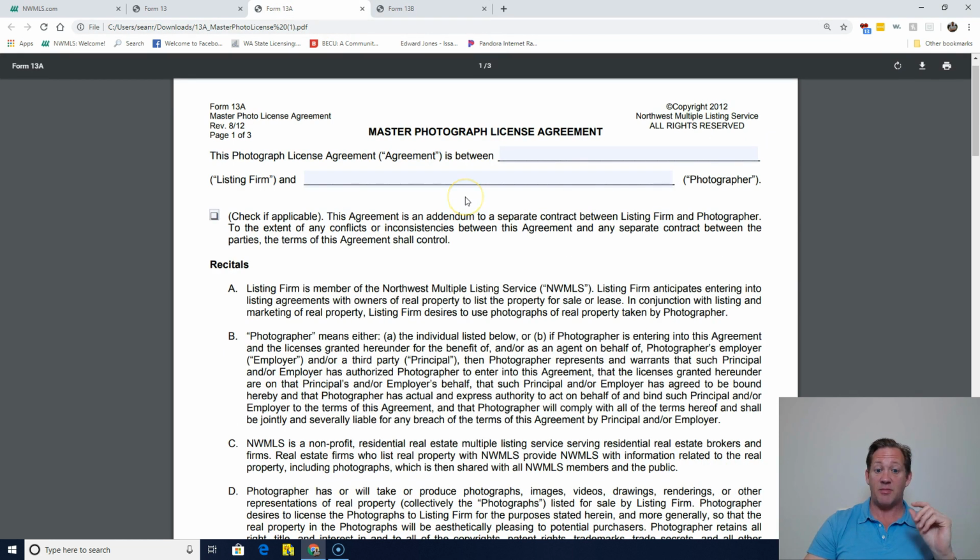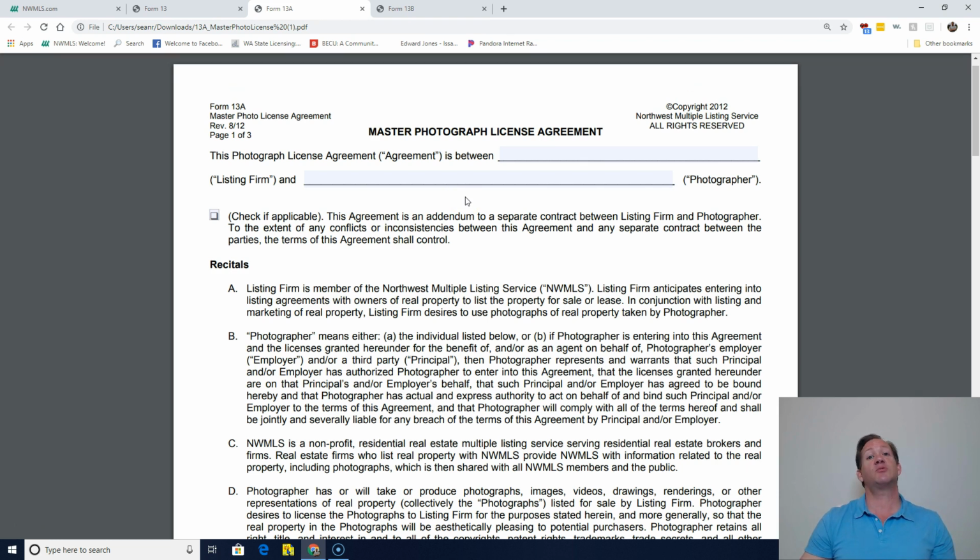The next one down is the master photograph license agreement, and this is one that a brokerage signs with a photographer. Specifically, Summit Properties Northwest would sign an agreement with XYZ photographer, and then we've got an agreement in place with that specific photographer.